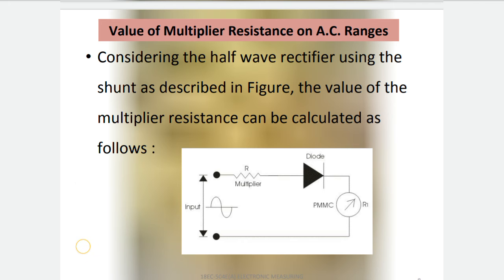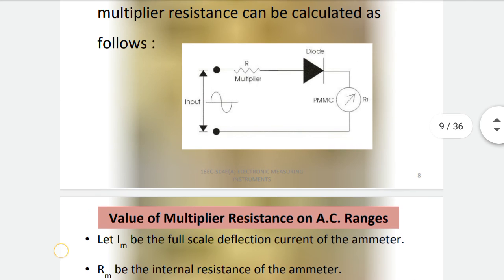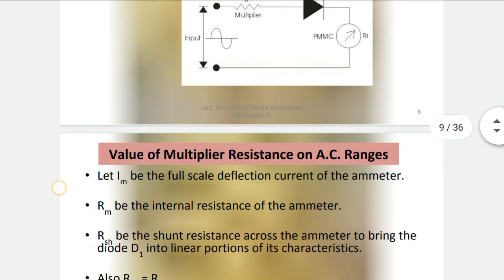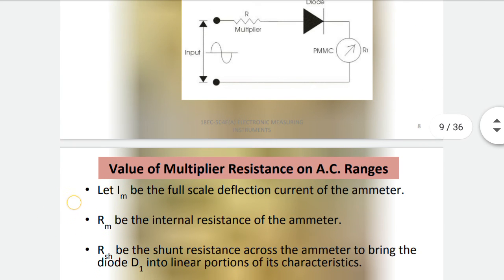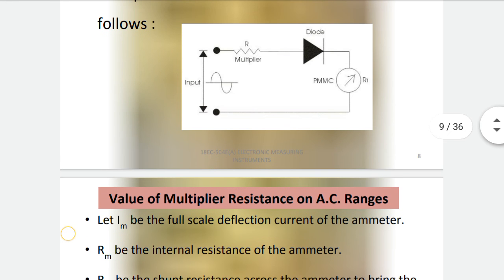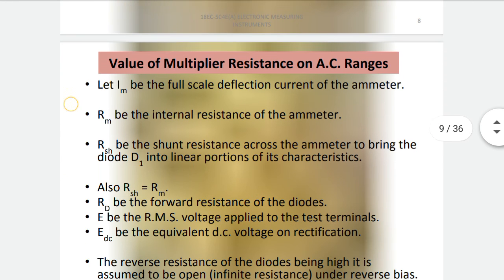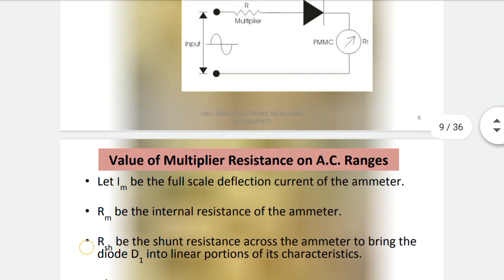The value of the multiplier resistance can be calculated as shown. Let Im be the meter current or full scale deflection current of the ammeter, and Rm the internal resistance of the ammeter. Here the ammeter is a PMMC meter, and RSH is the shunt resistance across the ammeter to bring the diode D1 into the linear portion of its characteristics.